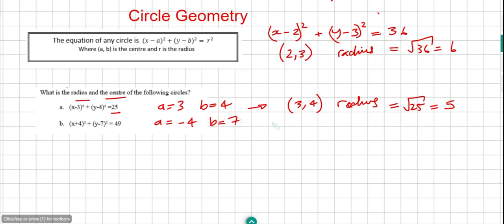That gives us that the center of this circle has the coordinates (−4, 7). And it's got a radius, again, by square rooting that number: the square root of 49, which is 7.